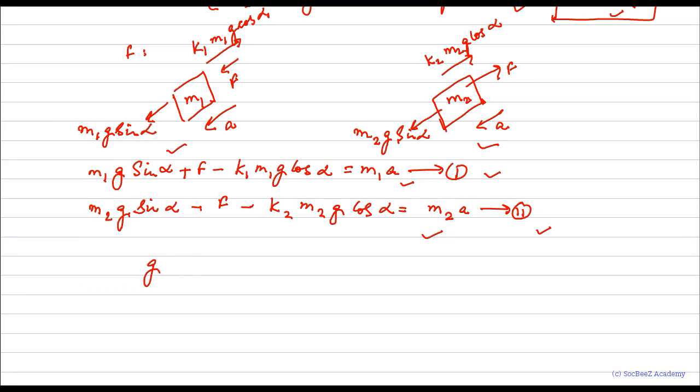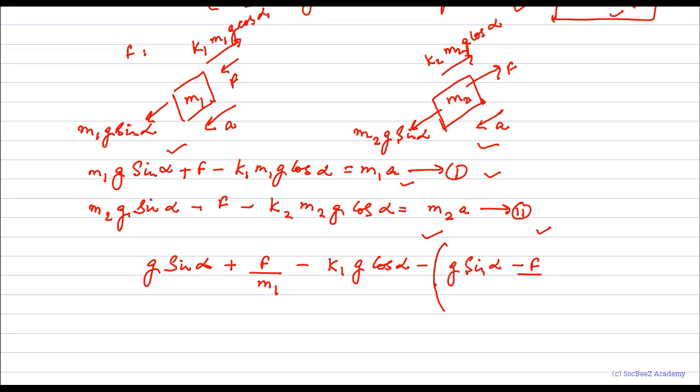Okay, so I'll get g into sine of alpha plus f upon m1 minus k1 g cos of alpha minus g sin of alpha minus f by m2 minus k2 g cos of alpha equal to 0.